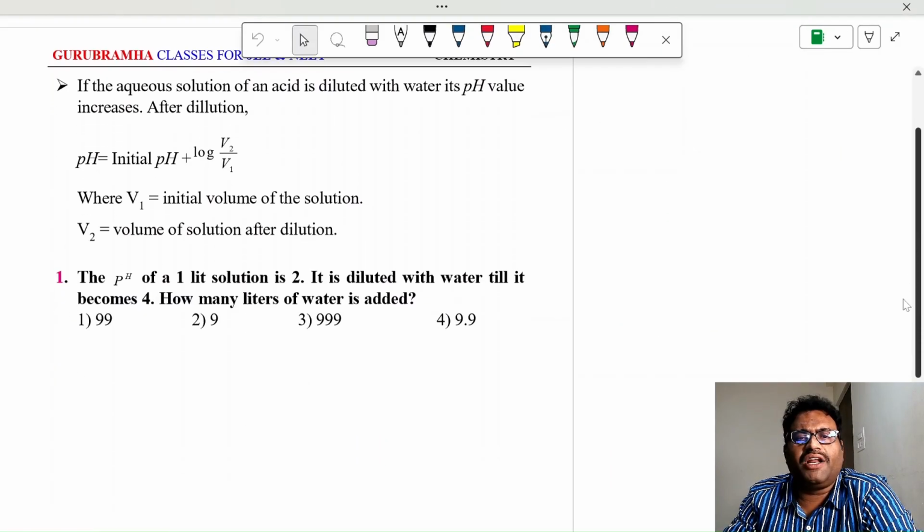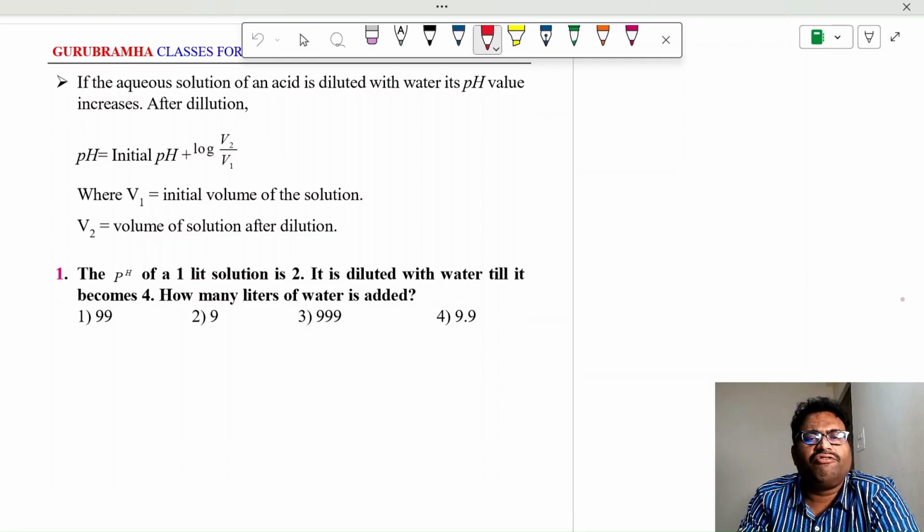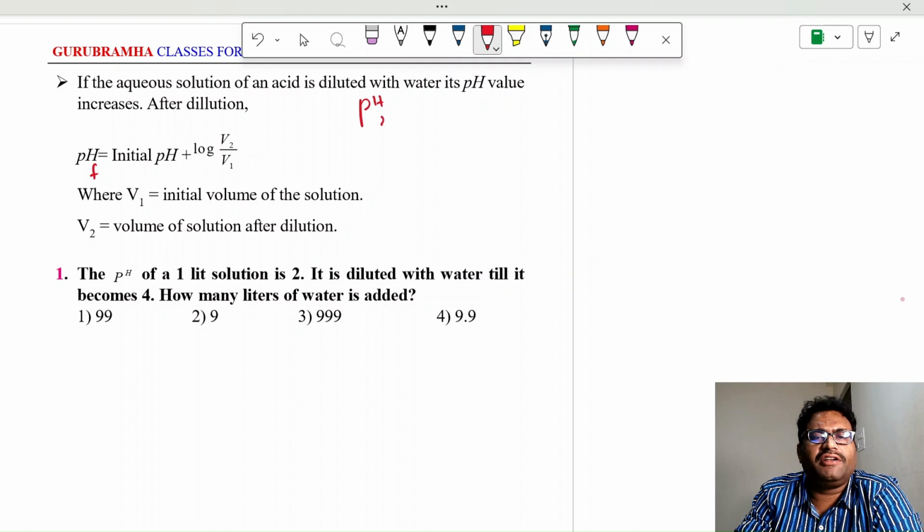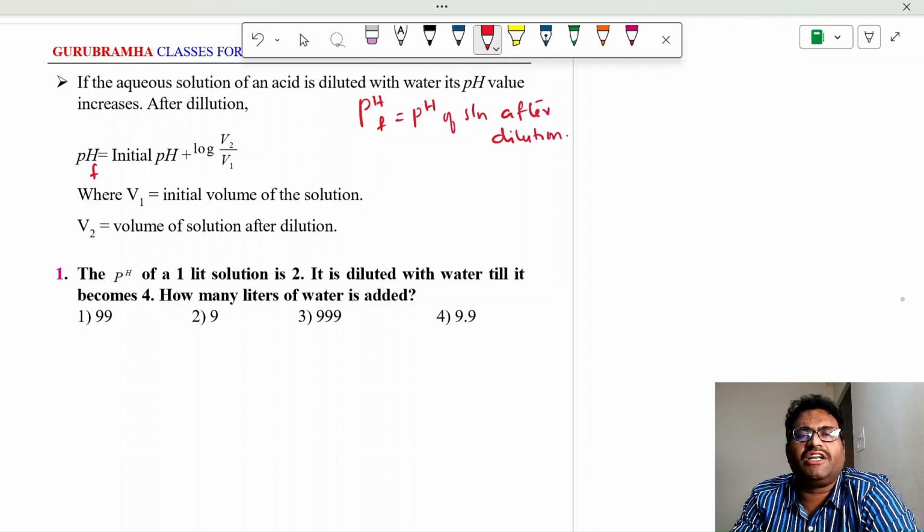So let us go with the next part. Here is a formula given. pH final is the pH after dilution. pH final means the pH of the solution after dilution. Dilution is nothing but the addition of water. If some water is added to a solution, then it gets diluted, and that process is called dilution of that solution.